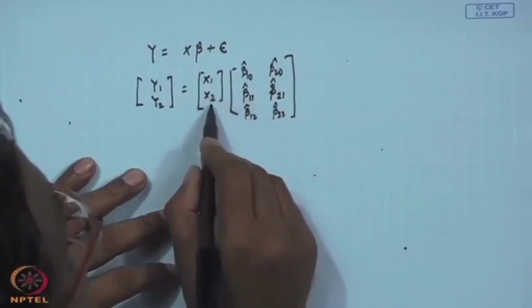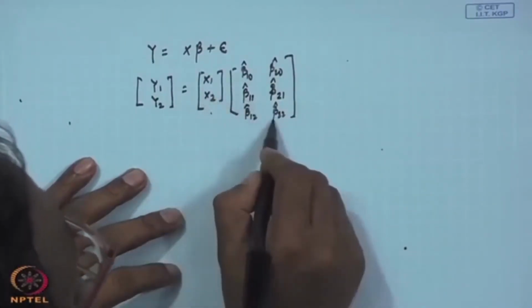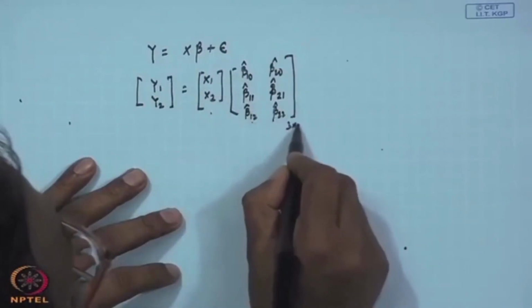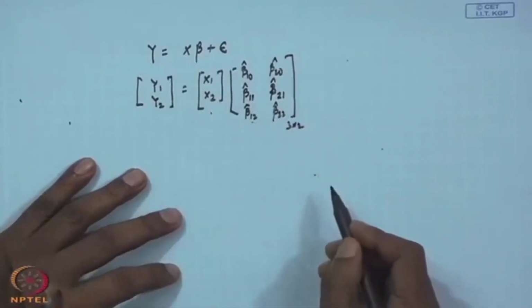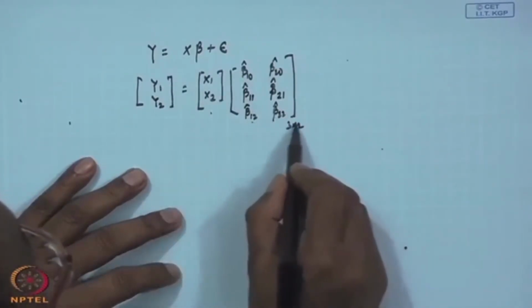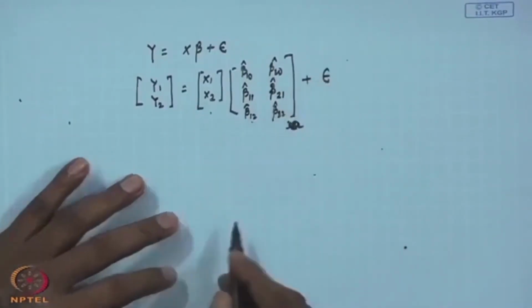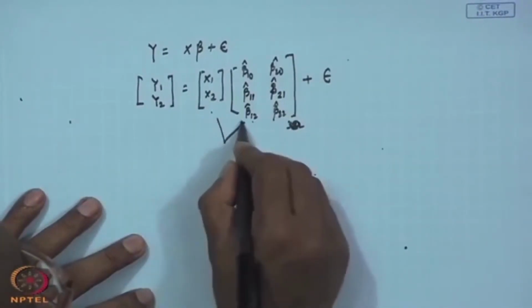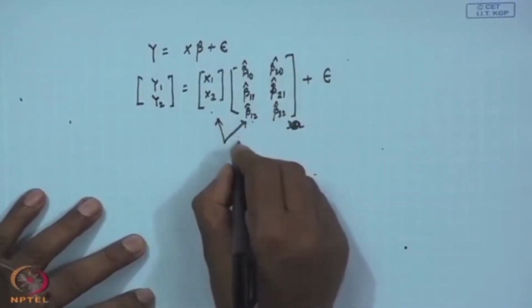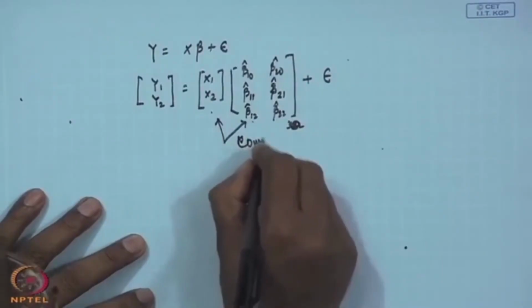So if we write like this, this is basically 2 cross 1, then this one is 3 cross 2. So in this manner it will not work. Plus epsilon, that will be there. So you have to think about matrix compatibility in multiplication.